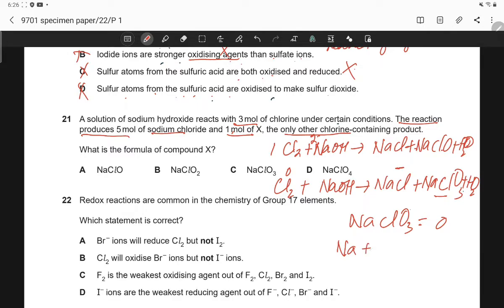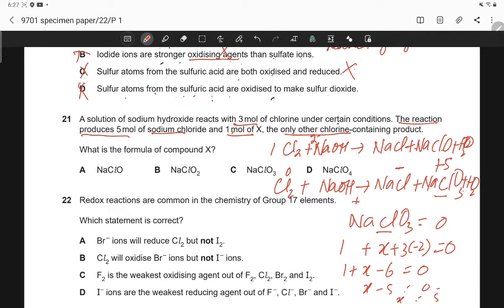Sodium is plus 1, because the individual charge of sodium is plus 1. Now 1 plus x minus 6 is equal to 0, x minus 5 is equal to 0, x is equal to 5. So over here the oxidation state is plus 5.